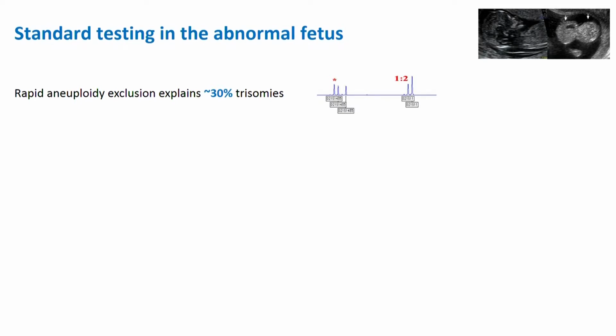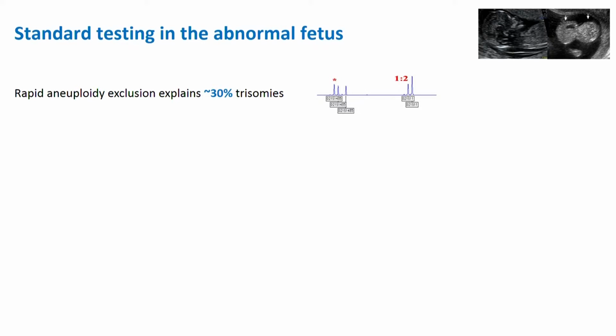So as Bryn has told you, and I'm going to do a lumping job, so he might tell me off later, standard testing in a structurally abnormal fetus, and I'm going to focus on the abnormal fetus because, as Bryn says, I don't think we have enough knowledge yet to go into using this technology in a normal appearing fetus.